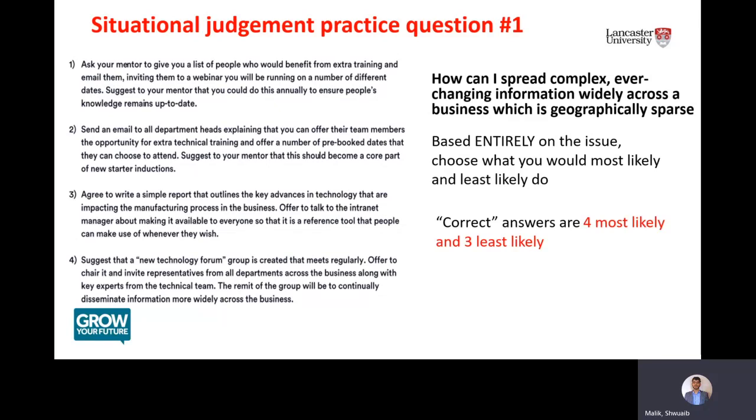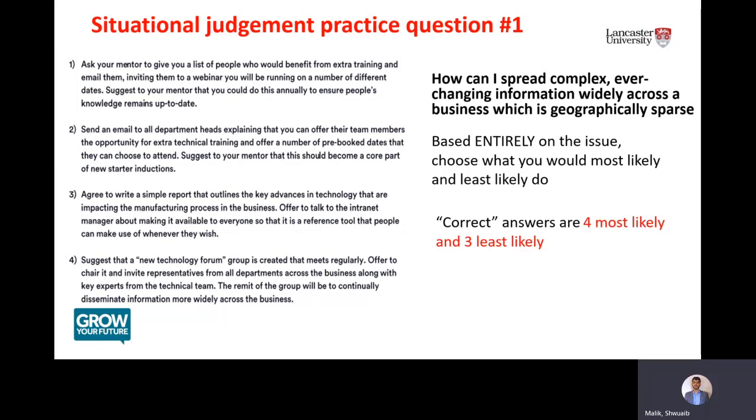Now, the issue with doing that, if you read the passage properly, you might remember that there was a bit in the passage that said the technical team are notoriously bad at spreading information across the business. So is it a great idea then to go to the intranet manager and make him responsible for spreading that information across the business? Probably not. Whereas in 4, you're taking that responsibility into your own hands, ensuring that it's done successfully.